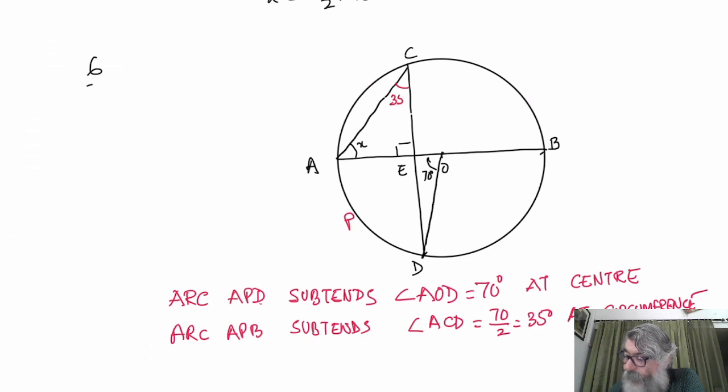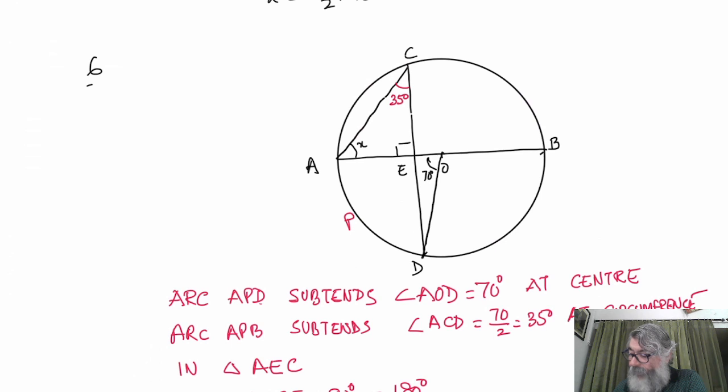And then in triangle AEC, x plus 35 plus 90 should be equal to how much? 180.